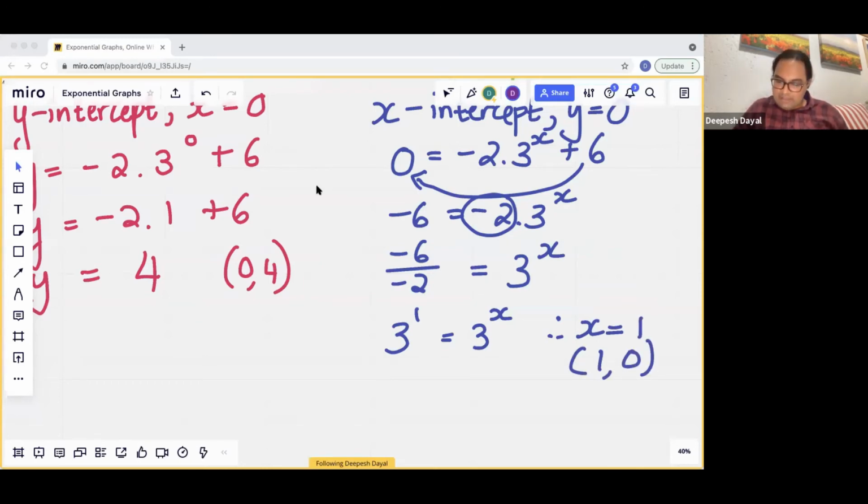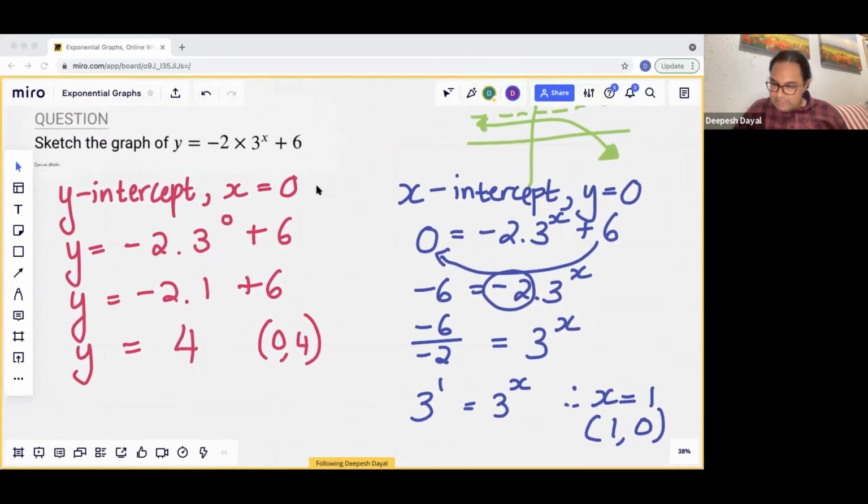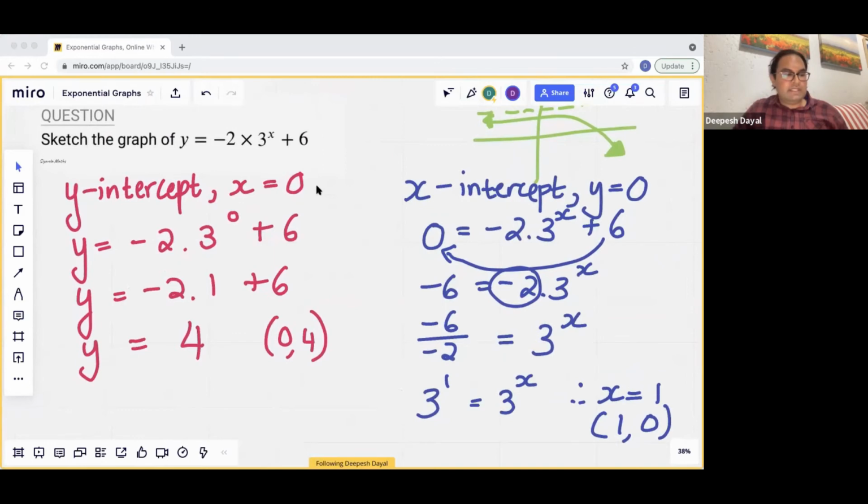And what is the asymptote? What is the y asymptote? Who knows? Remember what we said? The q represents the y asymptote. What is the y asymptote? Look at your equation. Yes, thank you. It is 6.